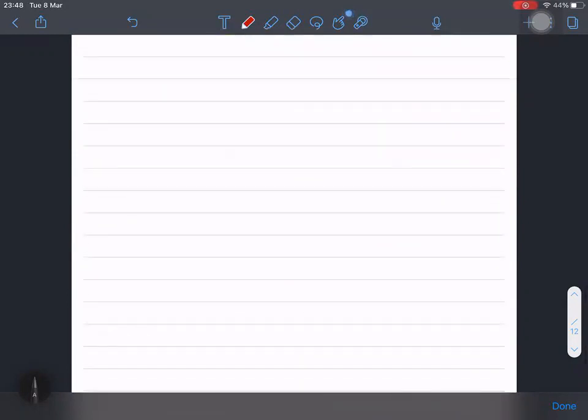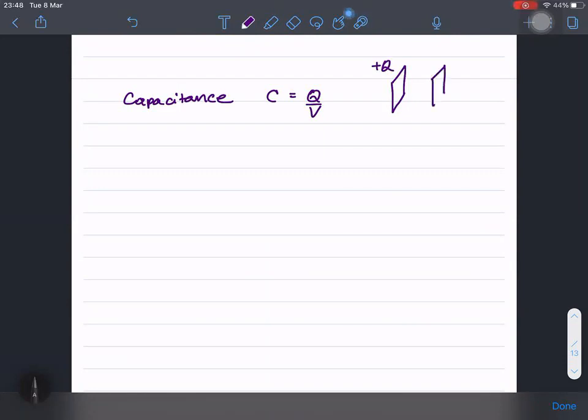Firstly, we have the definition for the capacitance, as C equals Q over V, in which we have a plate with the charge plus Q and another plate with the charge minus Q, connected to a voltage source.